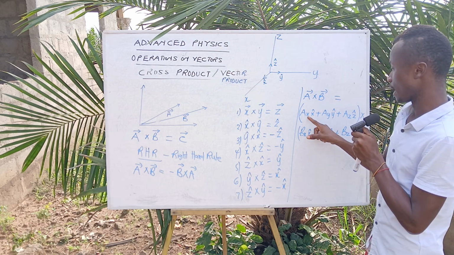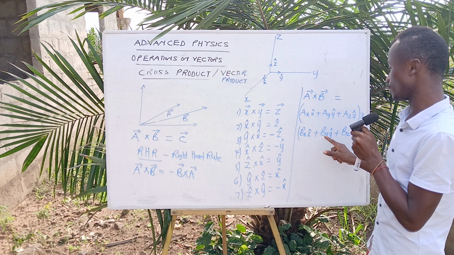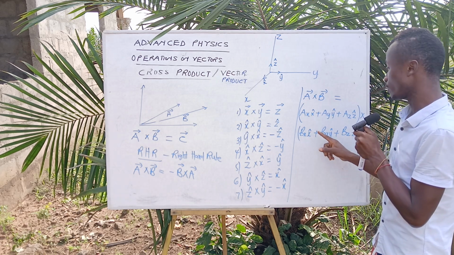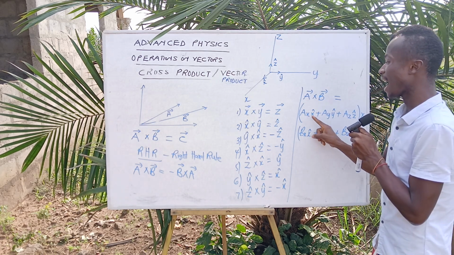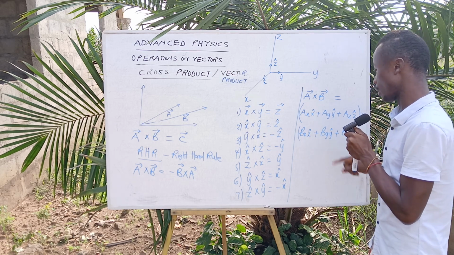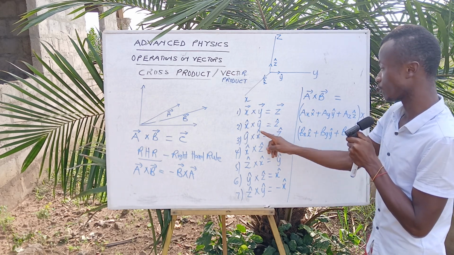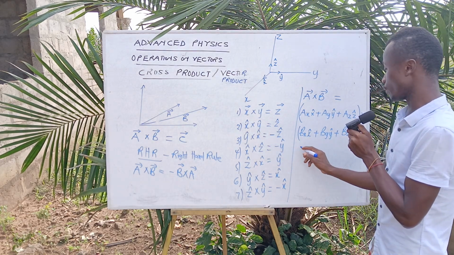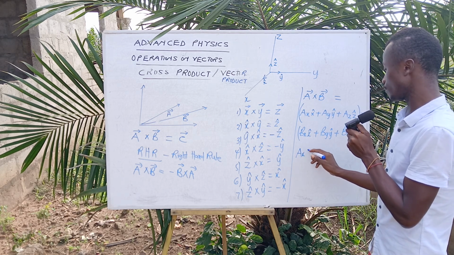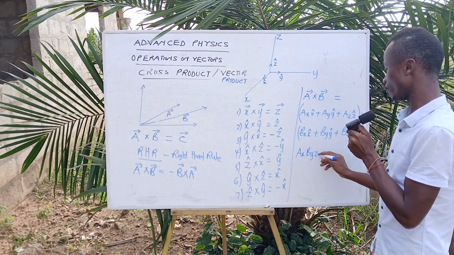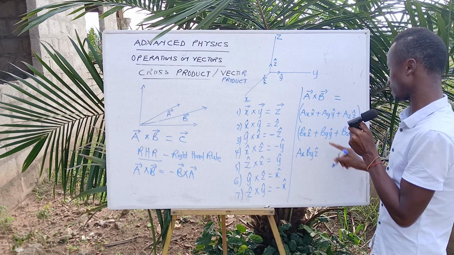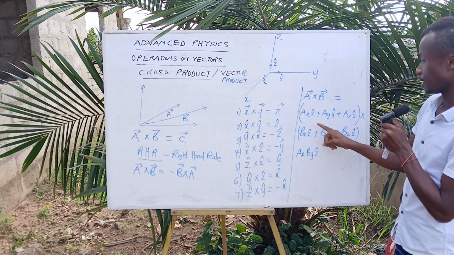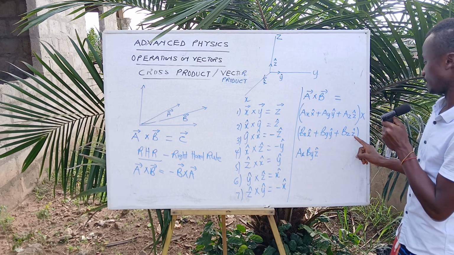Next one, AX x-hat cross BY y-hat. That will give us AX times BY, x-hat cross y-hat. What is x-hat cross y-hat? It will be z-hat. So we have AX BY z-hat. Next will be AX x-hat cross BZ z-hat.